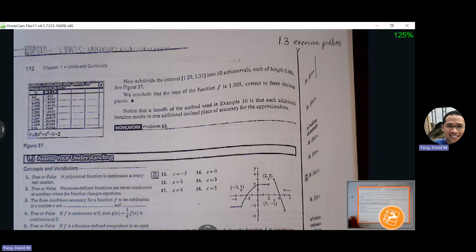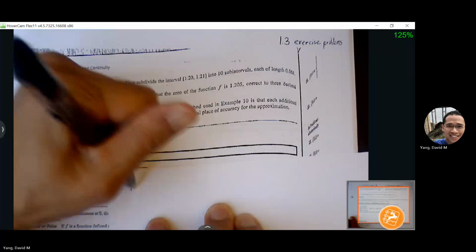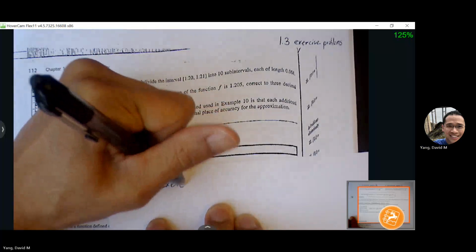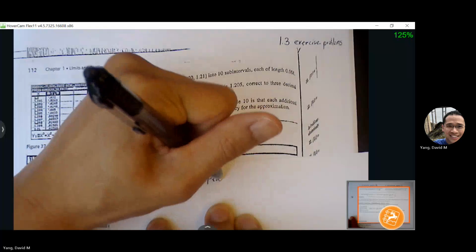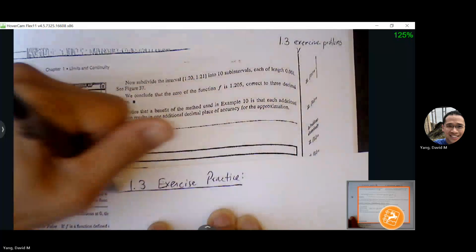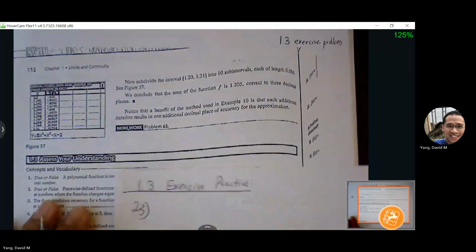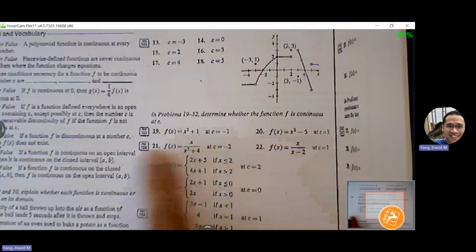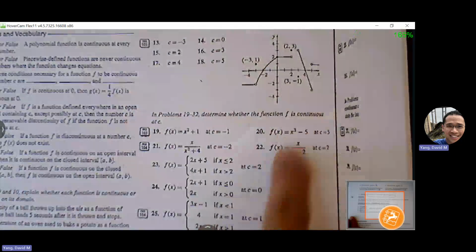Actually, I'm going to do problems that are not your homework, so that you can use this as a model as you try them. Let's try 23 here. Okay, the directions say determine whether the function is continuous at C, and we want to prove it using continuity conditions.